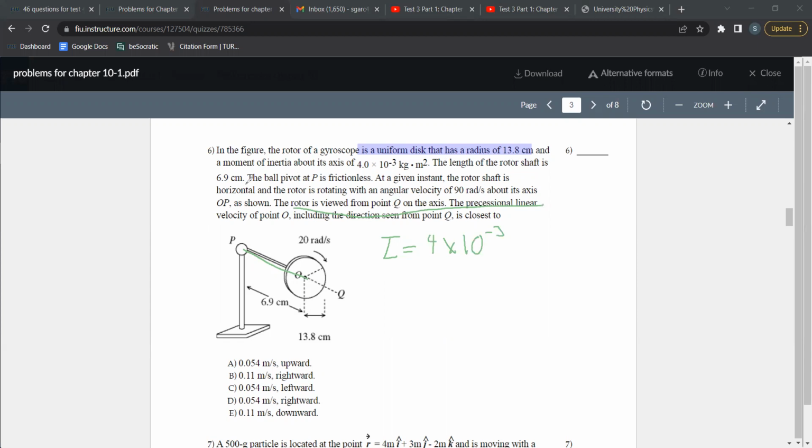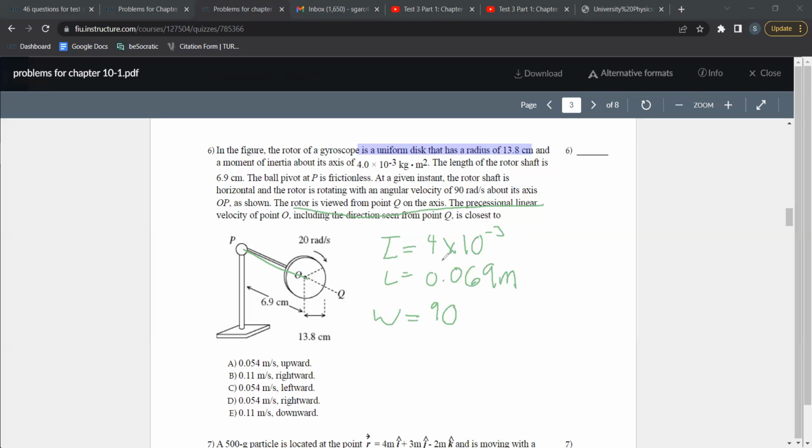The length of the rotor shaft is 6.9 centimeters. So we want to turn that into meters. So it would be 0.069 meters. And then our angular velocity is 90 radians per second.